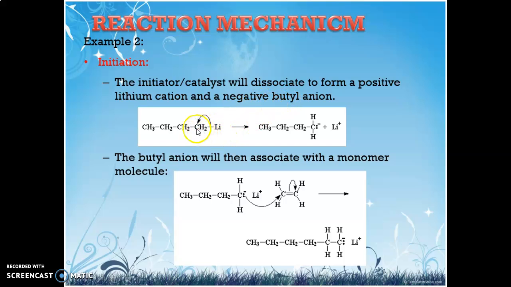So look at this butyllithium structure. It falls apart to form the positive lithium and the negative butyl anion.